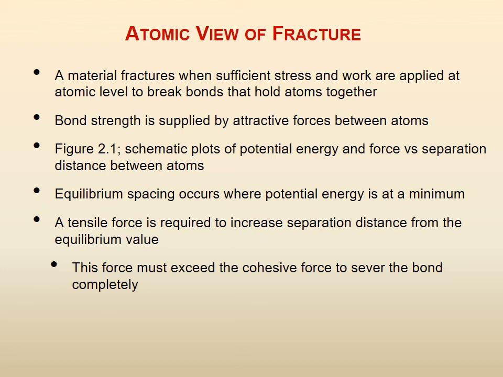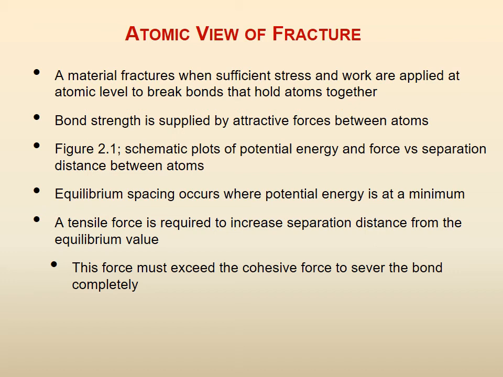So let us start fracture mechanics at the most basic level, right? What is the atomic view of fracture? Atomic theory, you know, has been there for a long time. There is the nucleus where there are protons and neutrons combined together. There are electrons in orbits.